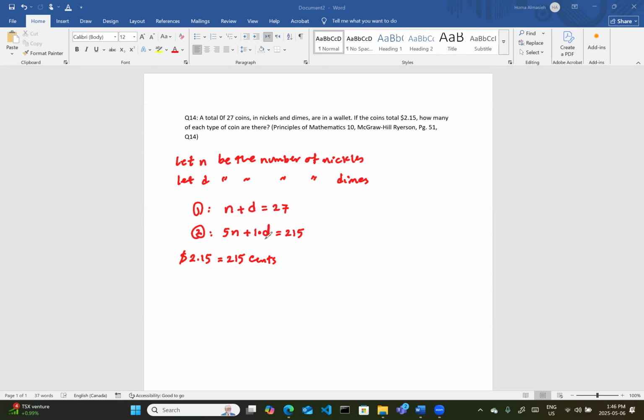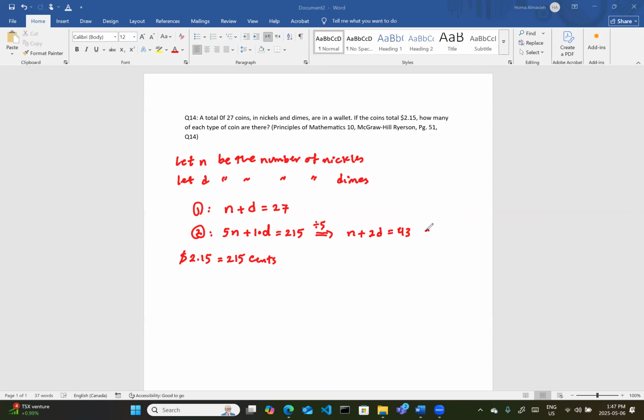We can use either the substitution or elimination method. First of all, if you see the second equation, all the coefficients are divisible by 5. So I'm going to try this way. I'm going to divide all the coefficients by 5, and we're going to get a new equation with smaller coefficients: n plus 2d equals 43.